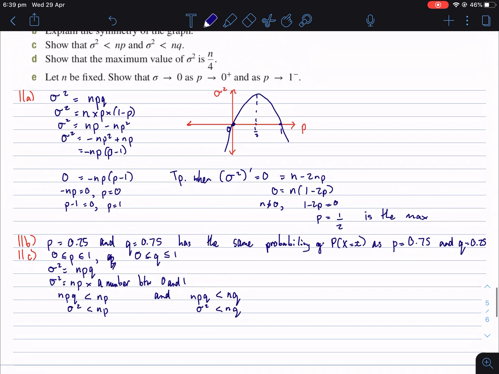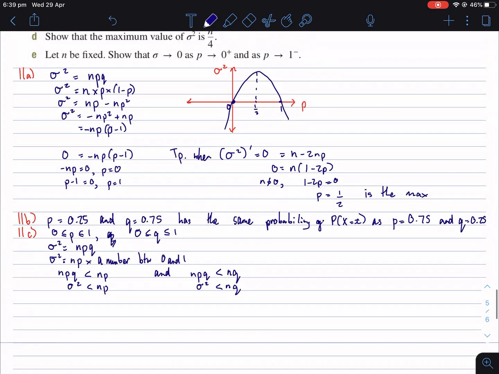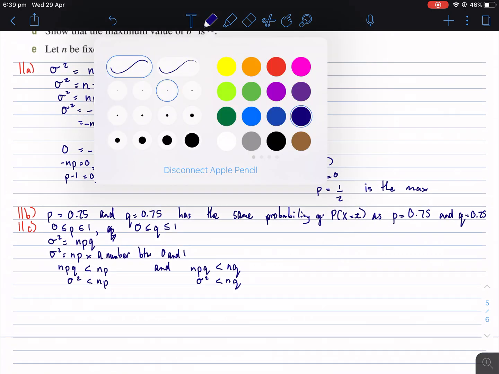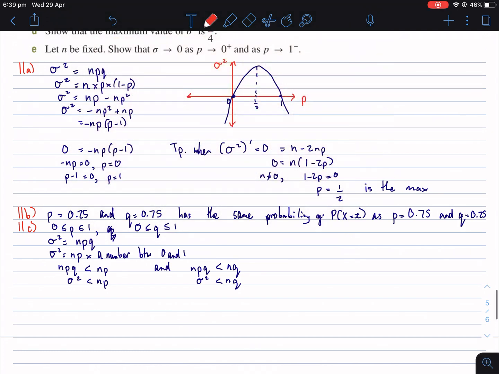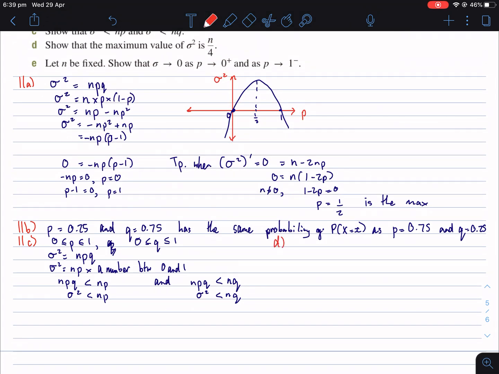What else do we want? Show that the maximum value of sigma squared is N on 4. Oh, I like it. So sigma squared equals NP times 1 take P. So it's at max when the derivative is 0. So that's NP minus NP squared, so that's N minus 2NP.